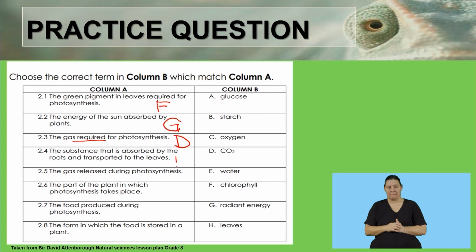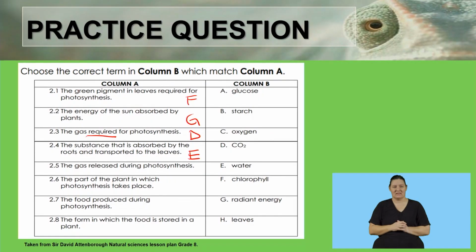So 2.4 is E. If you guessed that one, very good. You've been listening to the lessons. Right. And 2.5 says the gas released during photosynthesis. So now we are going to column B to check which option is correct. A says glucose, B says starch, and C says oxygen. So oxygen is the correct answer for 2.5. This is the product of photosynthesis.